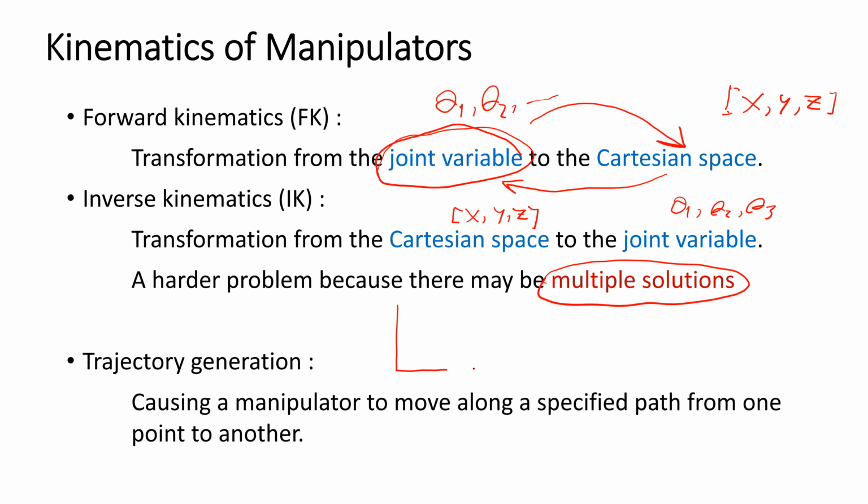The simplest example is a 2-link manipulator on a plane. It has L1 and L2 as link lengths, and theta 1 is the angle that the first link makes with the x-axis, and theta 2 is the angle that link 2 makes with the first link.